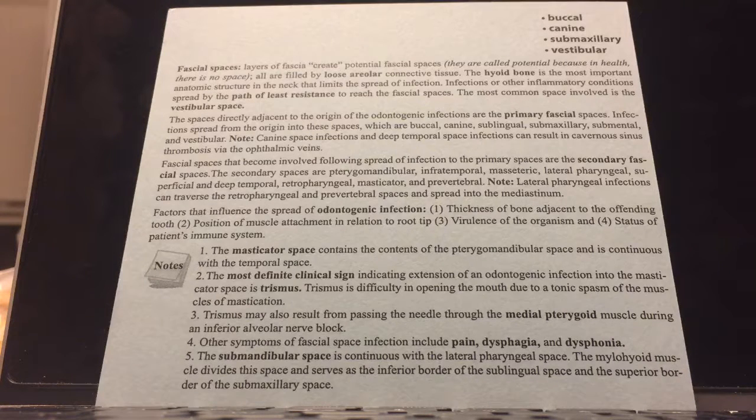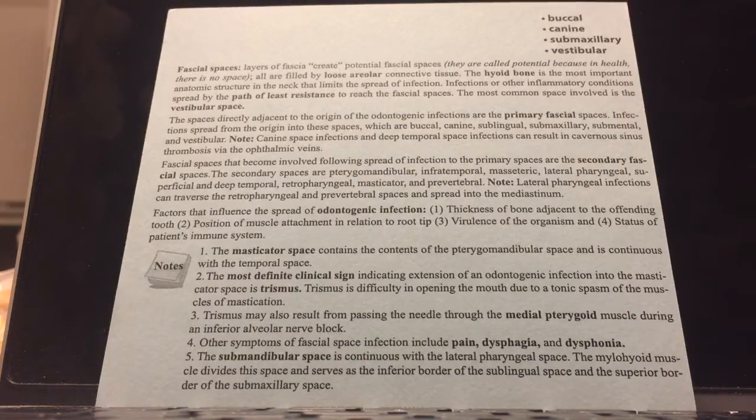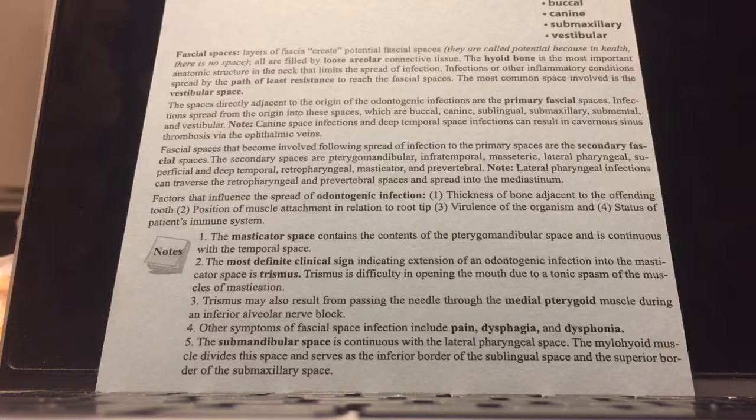The secondary spaces are pterygomandibular, infratemporal, masseteric, lateral pharyngeal, superficial and deep temporal, retropharyngeal, masticator, and prevertebral. Note, lateral pharyngeal infections can traverse the retropharyngeal and prevertebral spaces and spread into the mediastinum.